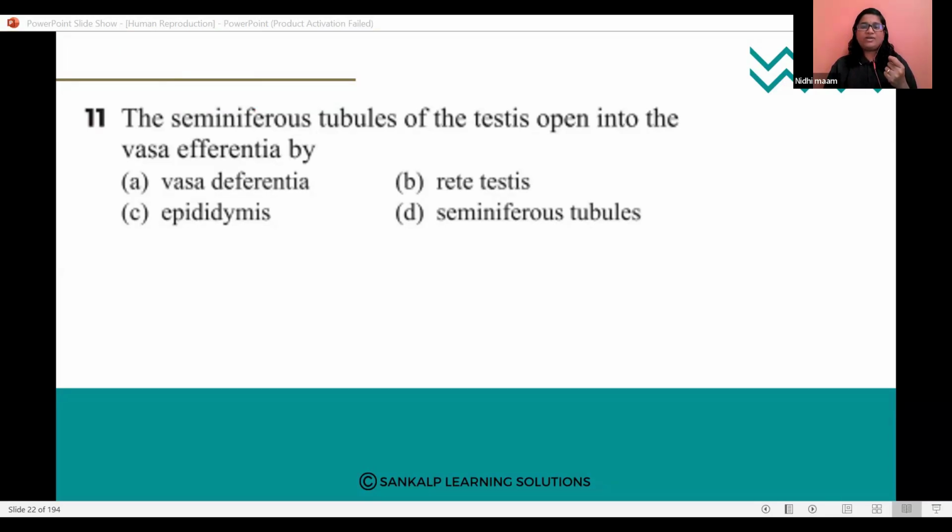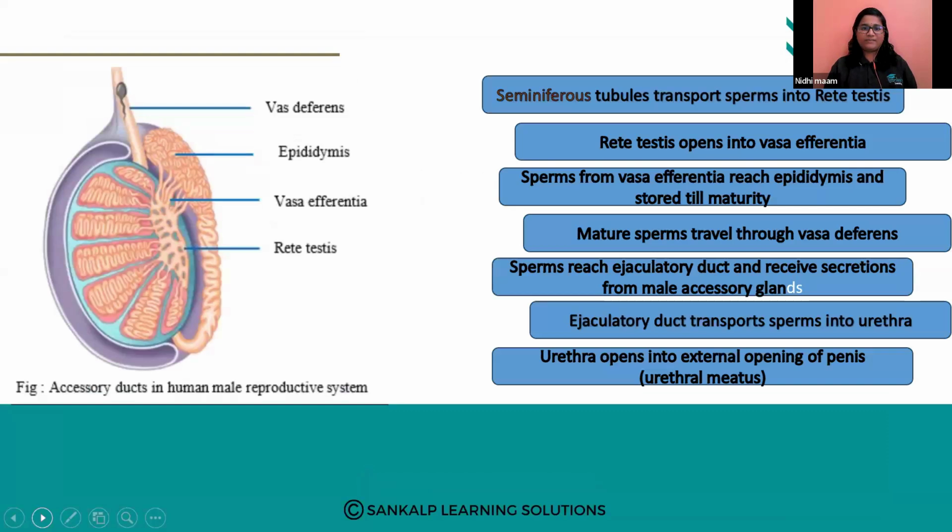When you see the ducts, we ask about male accessory ducts, right? When you see the diagram of it, see here, this is a diagram of the male accessory ducts. These are the seminiferous tubules. The sperms from the seminiferous tubules enter rete testis, then go to vasa efferentia, epididymis, vasa deferens.